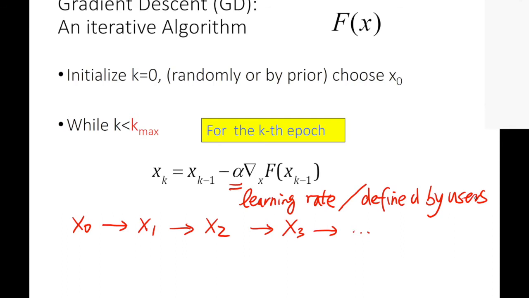I multiply this alpha by the gradient of my function at the x_{k-1} point. We normally call this the kth epoch update, and we update for many epochs, from epoch 0 onto epoch t. All right, so why does this make sense?